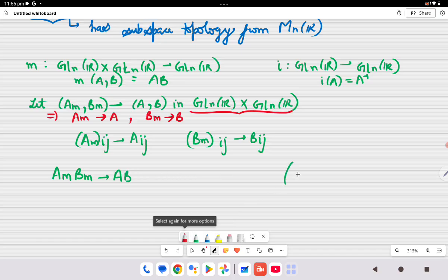यही तो होगा ना बेसिकली. What do we need to prove? M of AM BM is convergent to M of A comma B. So AM BM product of these matrices is convergent to AB. Okay.